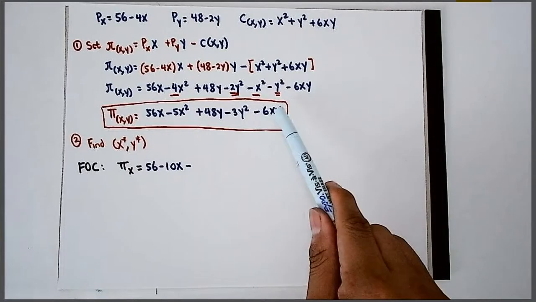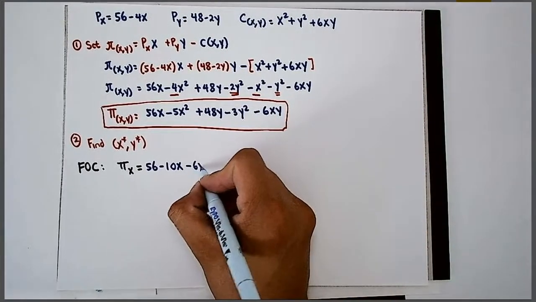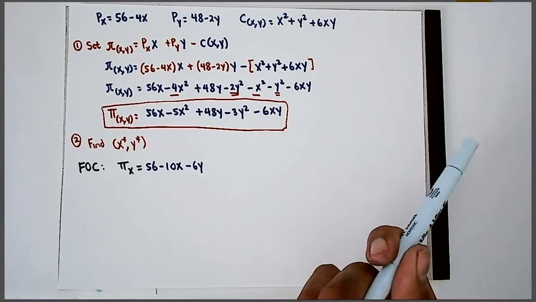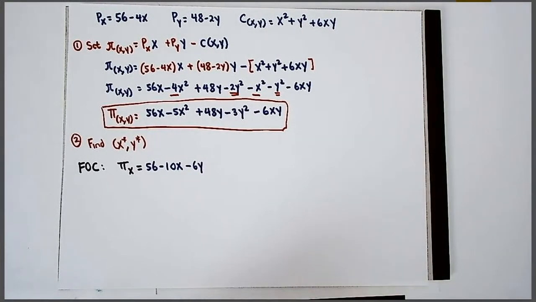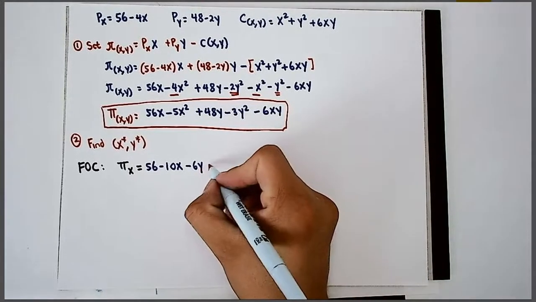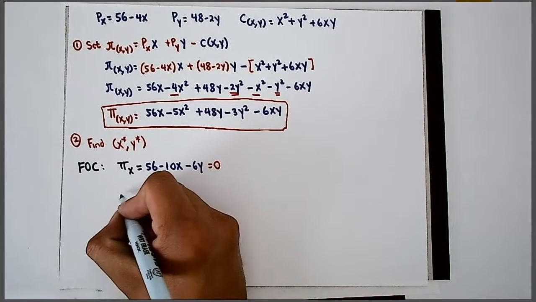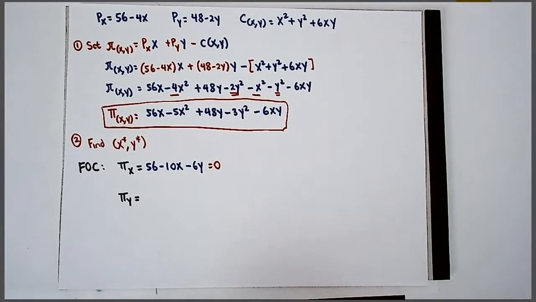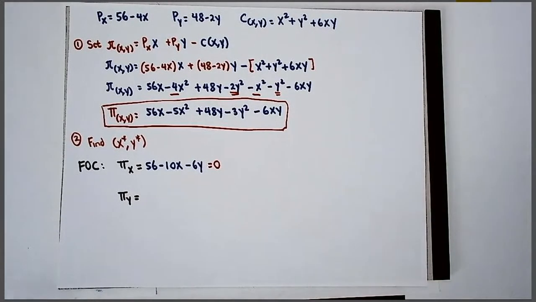Minus, here the variable part is only x, remember. So the constant part will be 6y times the derivative of x with respect to x, which is 1. So 1 times 6y is 6y. And we set this partial derivative equal to 0 in the first order condition. Let's do the same, but now with respect to y. Remember, when we take the partial derivative with respect to y, x becomes a constant.